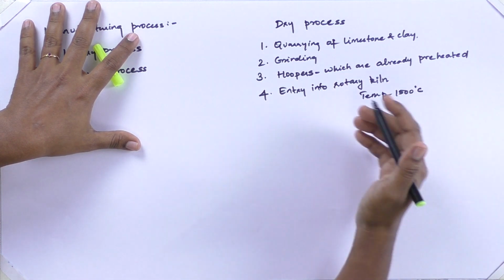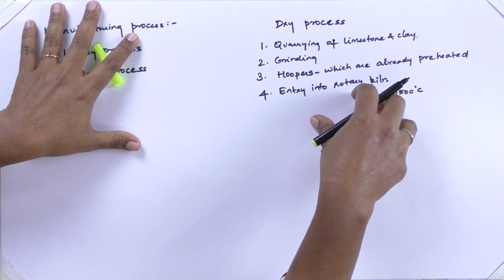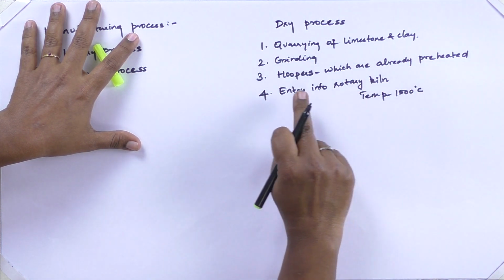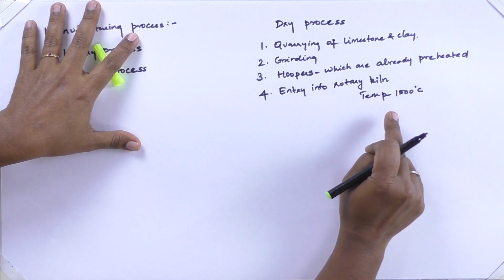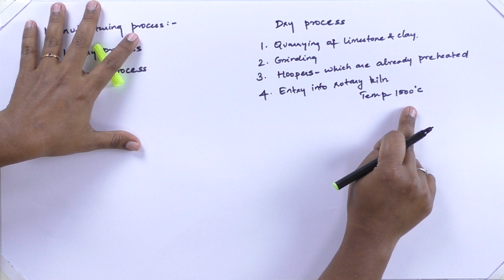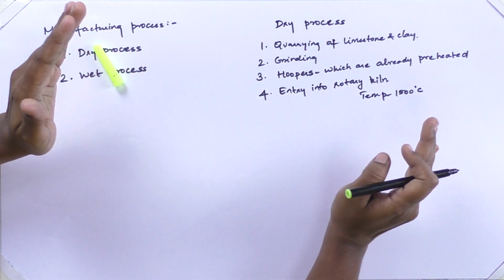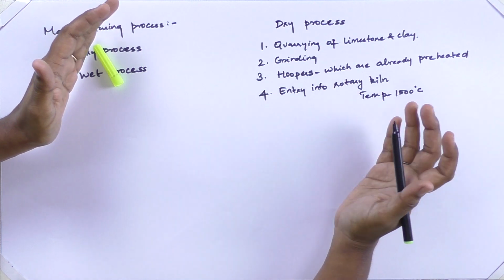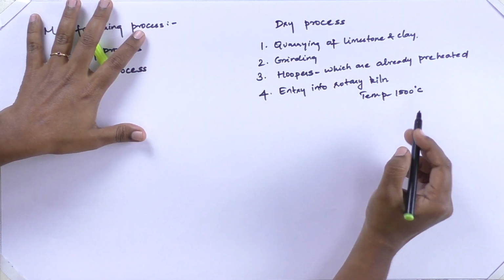For the cement manufacturing process, we combine the two in this rotary kiln, where the temperature is around 1500 degrees Celsius. The material sinters, that is, they combine when exposed to a higher temperature.